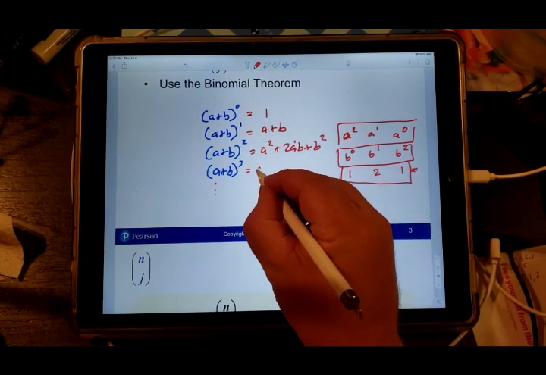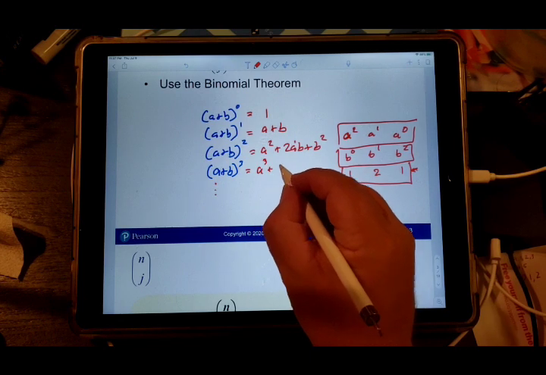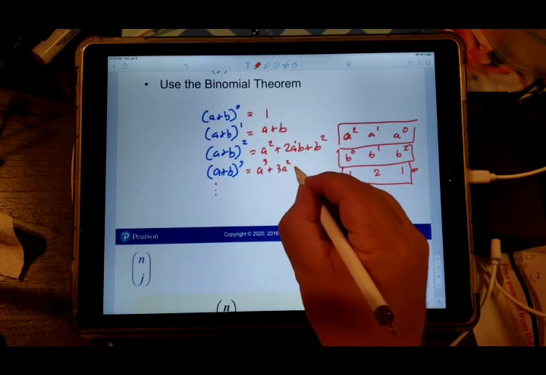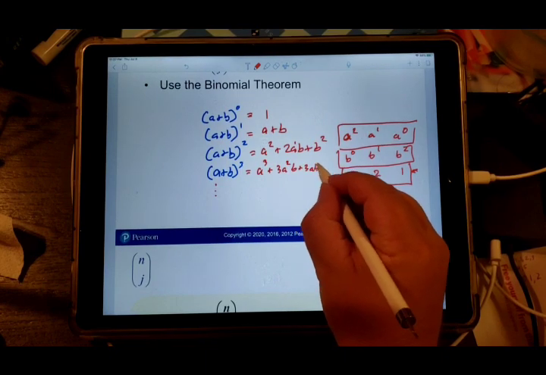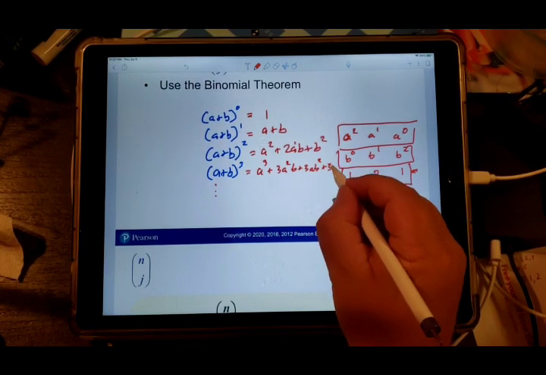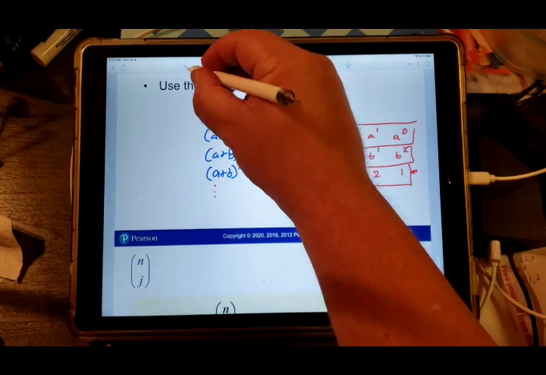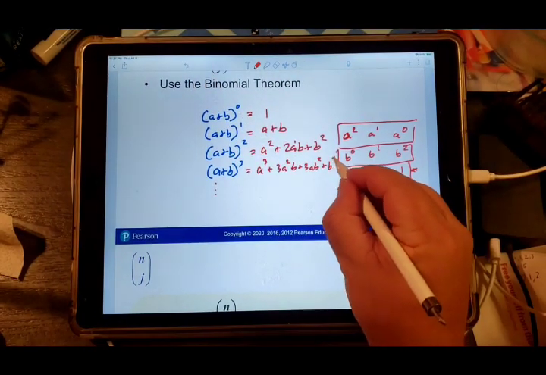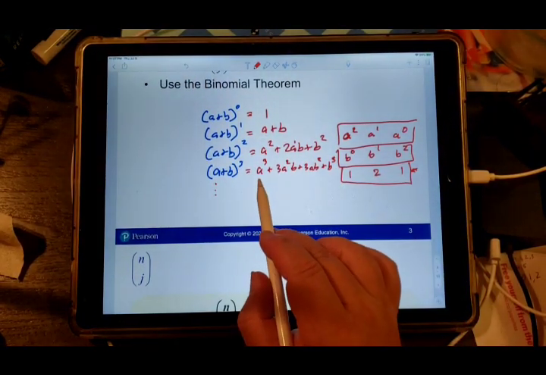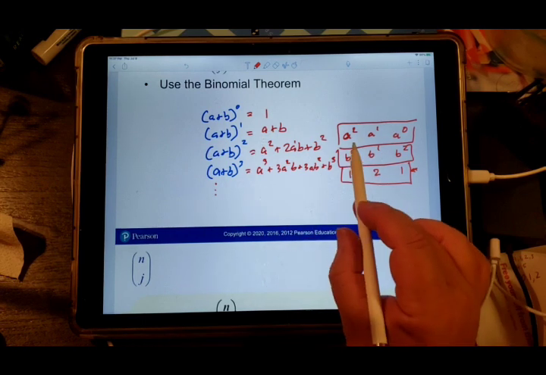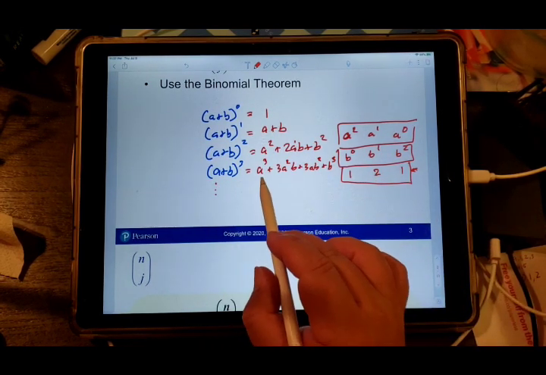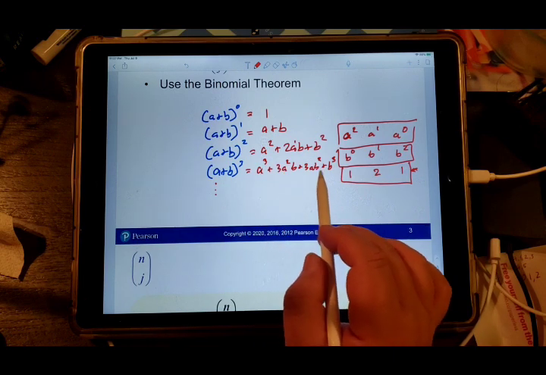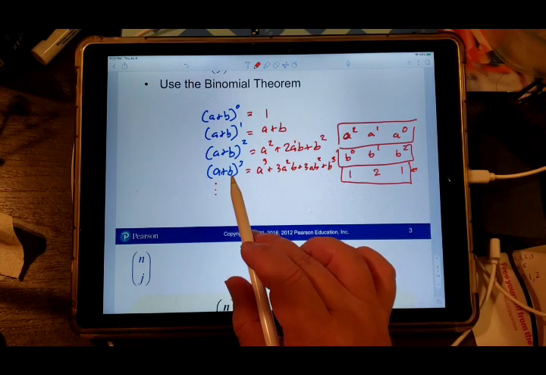Now, this is not a formula people generally memorize outside of this section of the book. But it really is a continuation of these formulas here. What happens to the a's, the first term? It goes 3, 2, 1, 0. What happens to the b's?